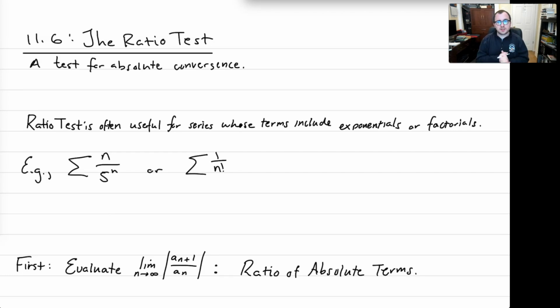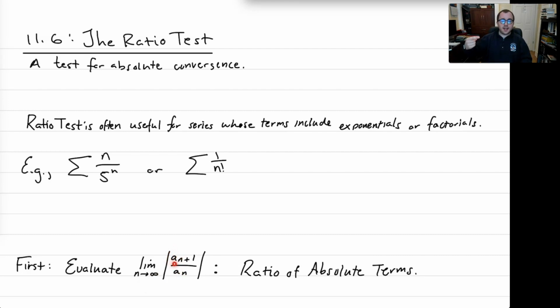Right here at the bottom of the screen, this is how we're going to perform the ratio test. We must first evaluate this special limit, the ratio of absolute terms. What's happening here is I'm taking the ratio of a_(n+1) over a_n. So I'm really asking, as n goes to infinity, how much bigger is the (n+1)th term than the nth term?